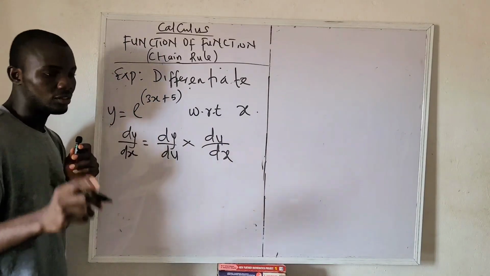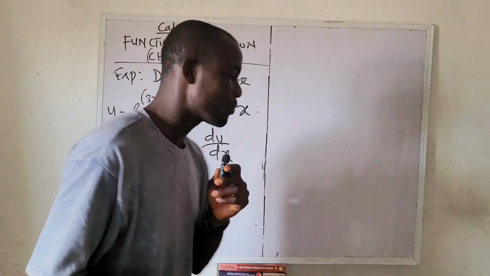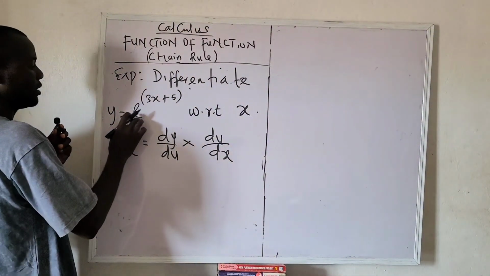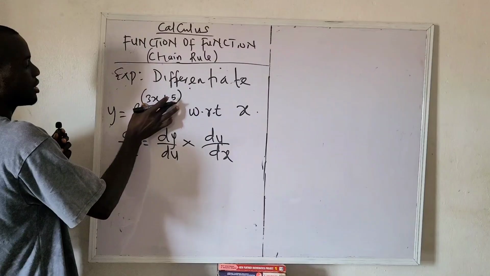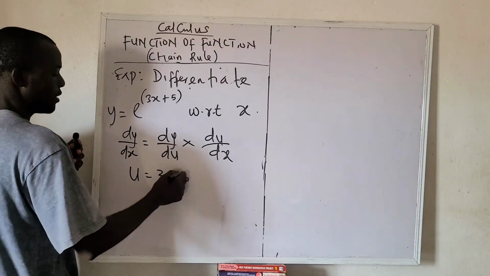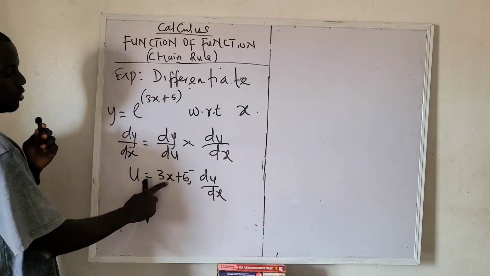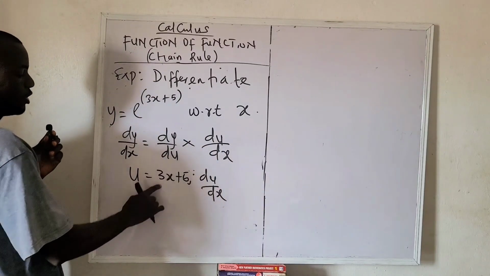It's often important to know where the u function lies. You can tell we cannot take this as our u. Rather, this here will be our u. So our u here is 3x plus 5, and then du over dx, if you derive this, will be 3.